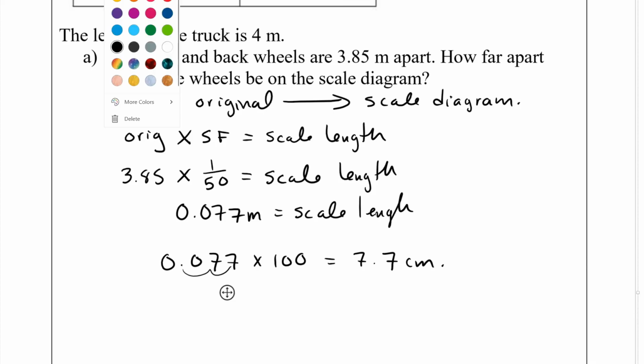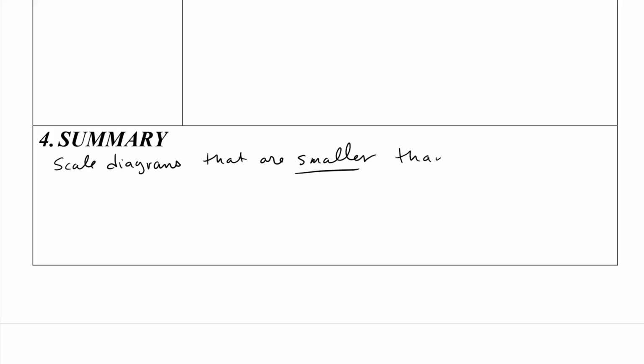So let's go to our summary. So in summary, scale diagrams that are smaller than the original are called reductions.